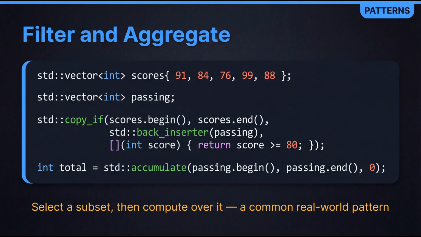The back_inserter adapter grows the destination vector automatically as elements are added. Then we use accumulate to sum the passing scores. Two algorithm calls replace what would typically be a loop with a conditional and a running total. The code reads like a description of the operation: copy the scores that pass, then sum them.